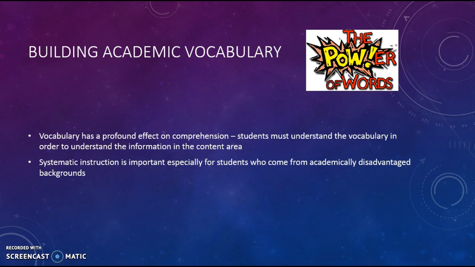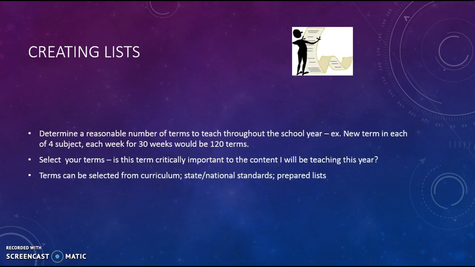And that can mean a host of students, not just low SES, but also maybe kids who haven't had experiences that others have had, kids who have had traumatic experiences. There's just a whole host of kids to consider when we look at academically disadvantaged backgrounds.